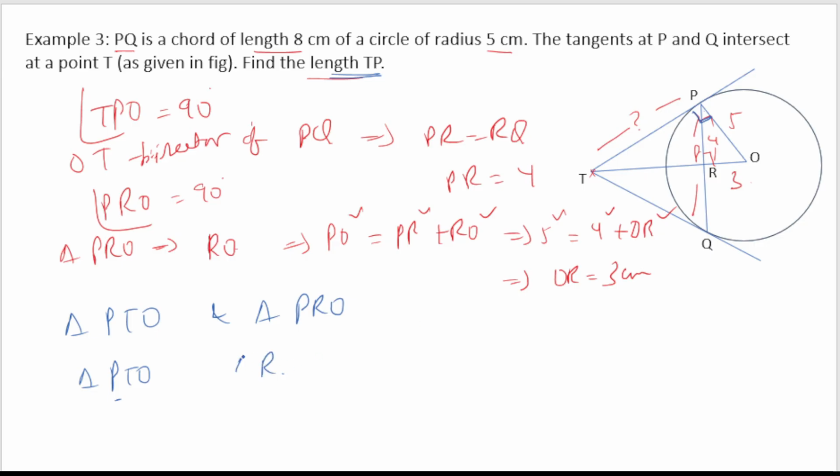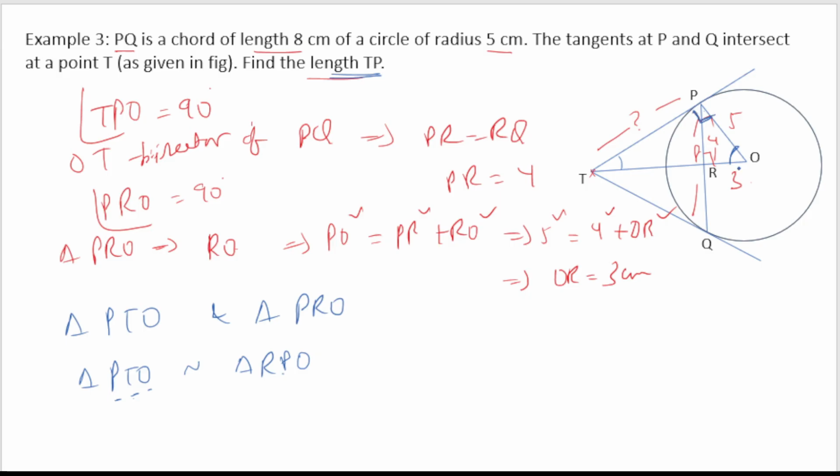And in both the triangles, angle O is common. So O will be at the same place. The rest is angle T and angle P. These two triangles are similar.